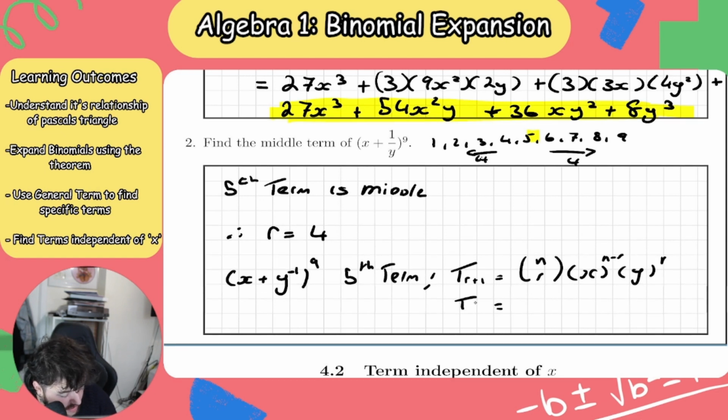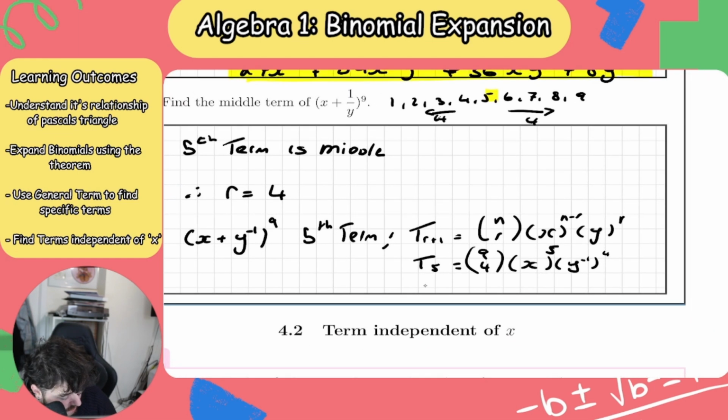That is going to be T 5 is equal to 9 choose 4 times x to the power of 9 minus 4, which is 5, times y to the power of minus 1 to the power of r, in this case r is 4.